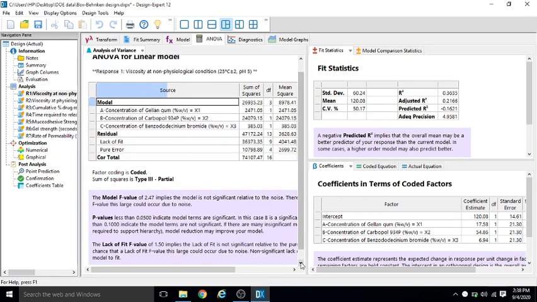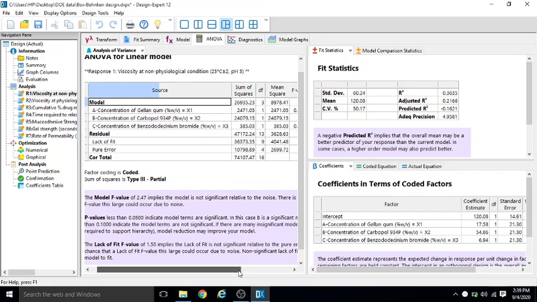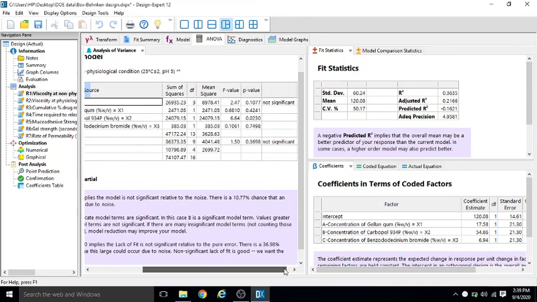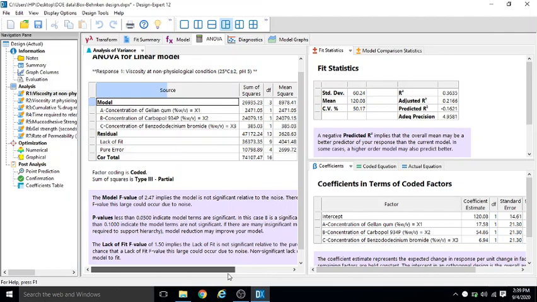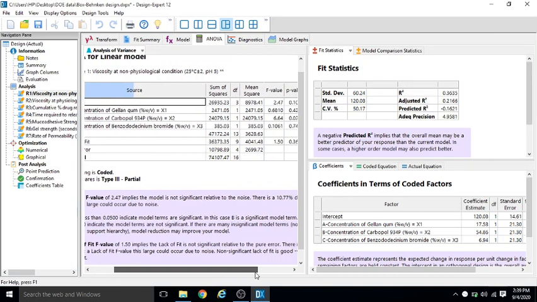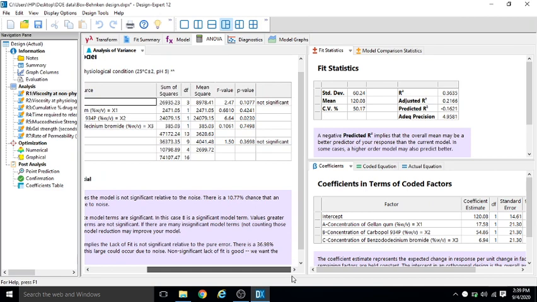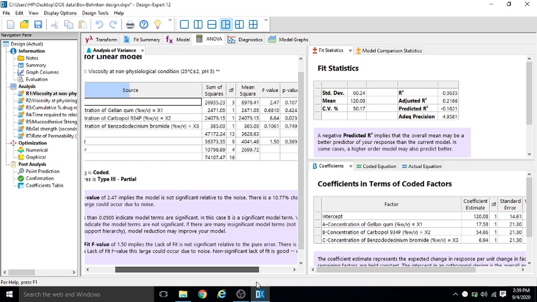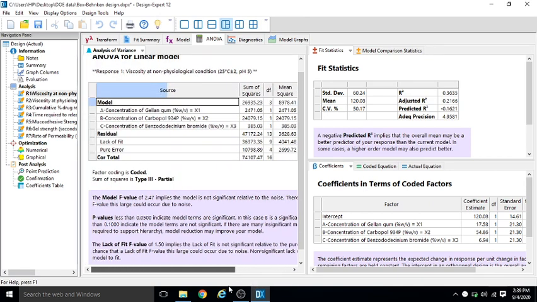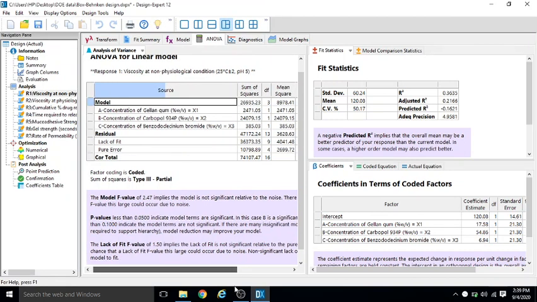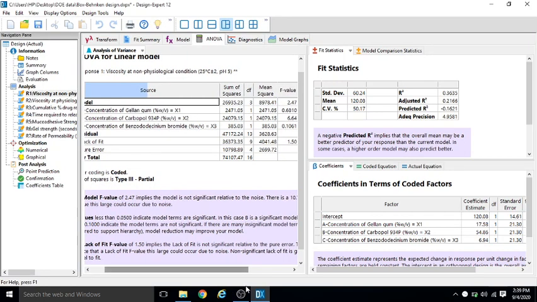Okay, so the p value is slightly greater, so it is not a significant term. Values greater than 0.1 indicate model terms are not significant. If there are many insignificant model terms, not counting those required to support hierarchy, model reduction may improve your model.